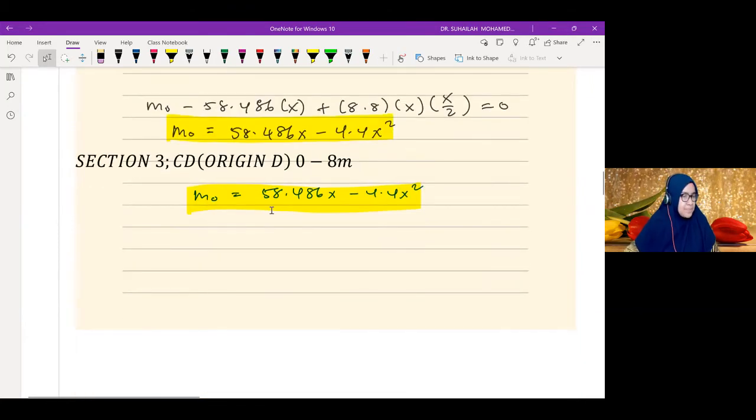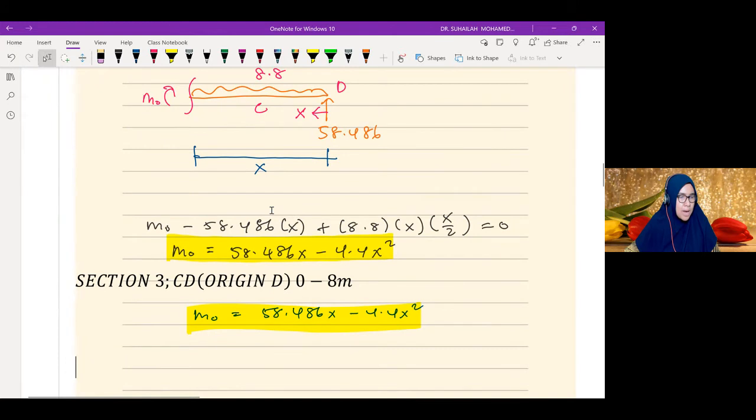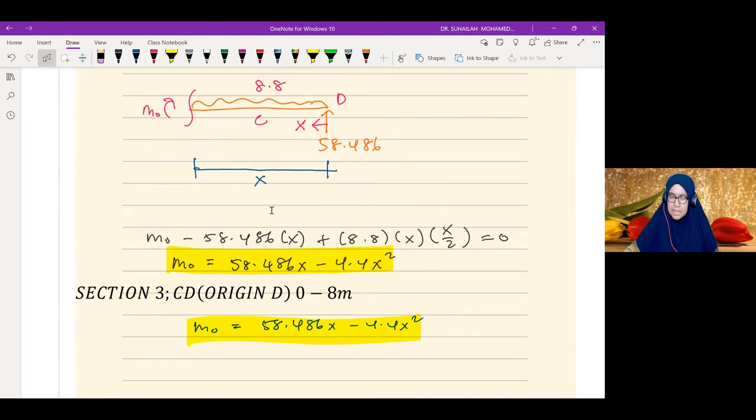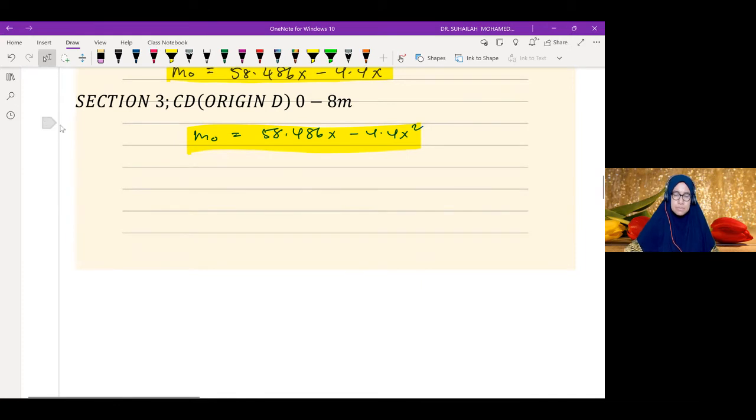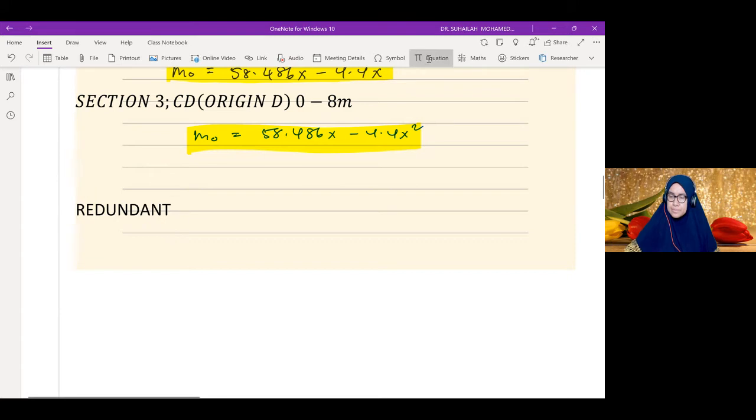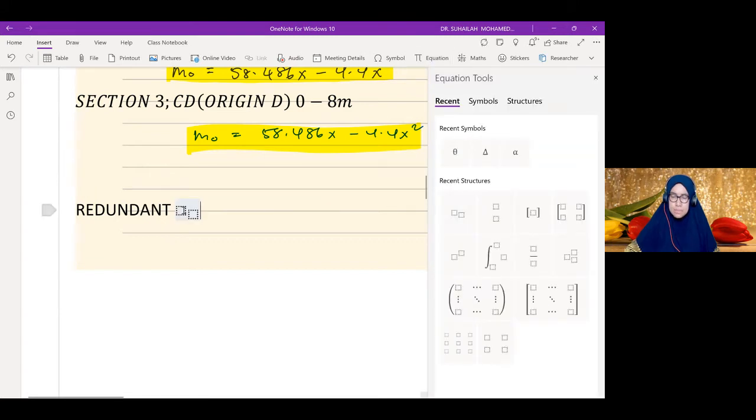It is redundant CY applied. CY is assumed as an applied load.